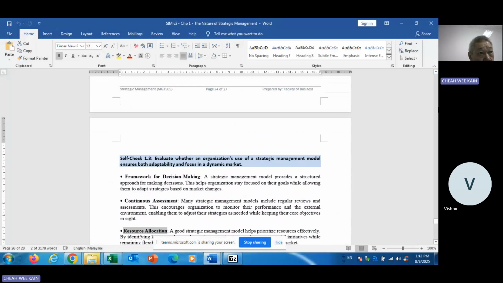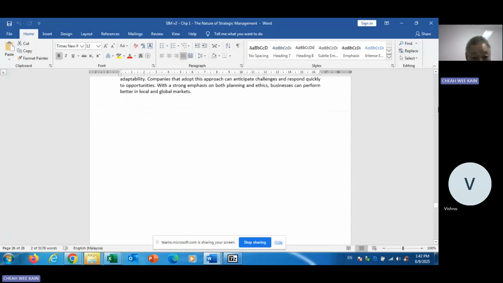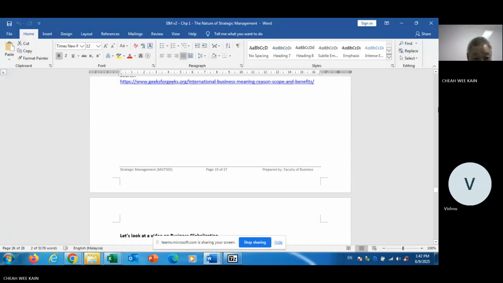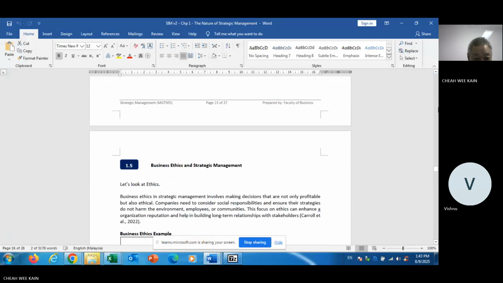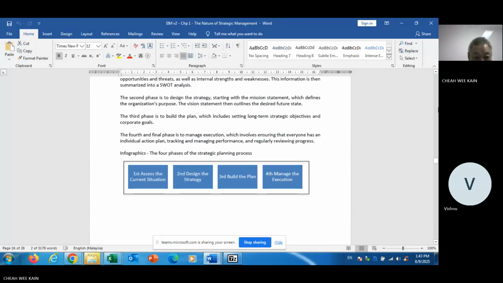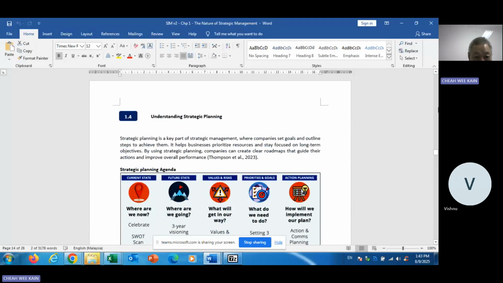So that's topic 1.3. I'd like to look at 1.4 now. Now, 1.4 deals with strategic planning. Strategic planning is one of the pillars of strategic management.